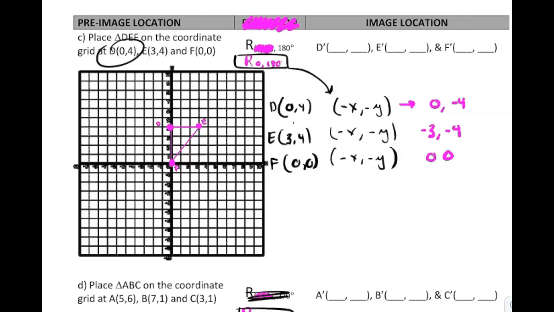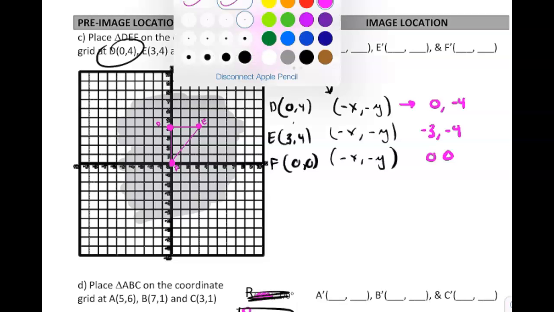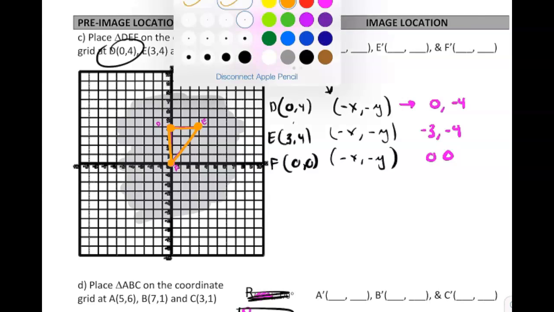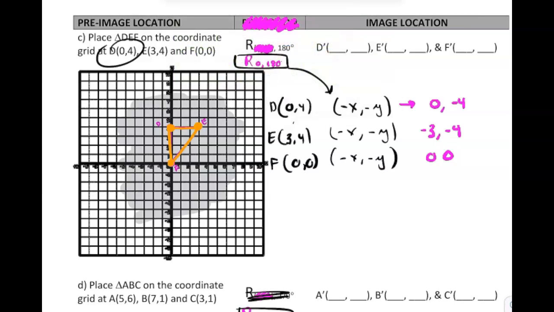Method number 2 would be to take your patty paper, put it right over the picture, trace it, making sure you have the points, and then of course putting your little plus sign at the crosshairs of the Y and the x-axis.